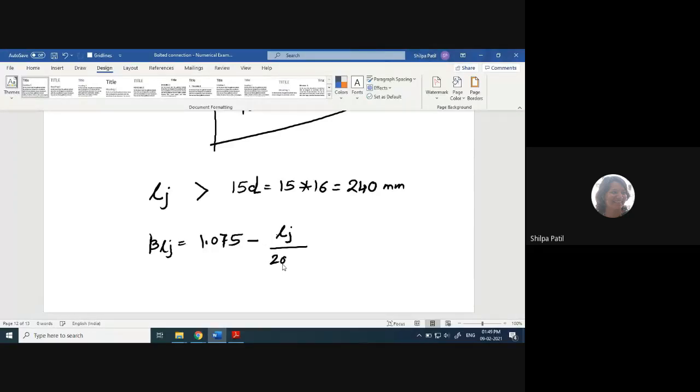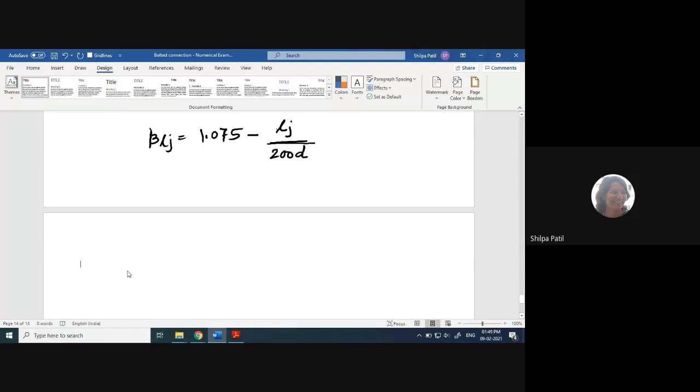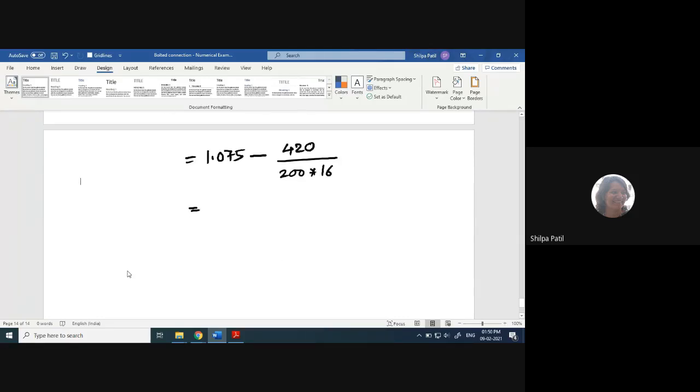Lj by 200d. Okay. So let us find out this value. 1.075 minus Lj, Lj was 420, divided by 200 into d, which is 20. 0.94.